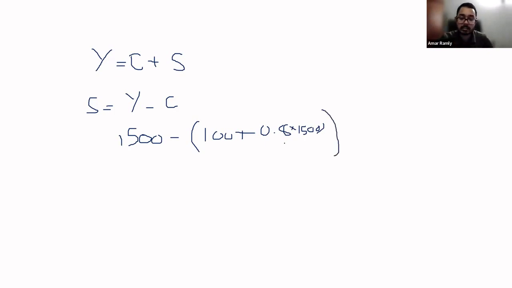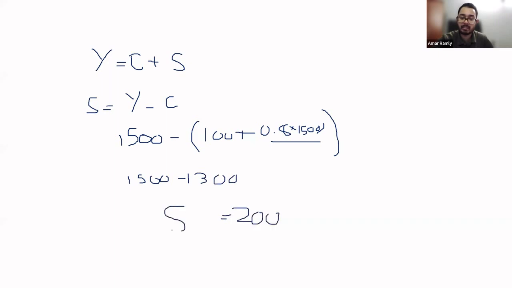This adds up to 1200. 1200 plus 100 is 1300. Then your answer is 1500 minus 1300, which is 200. 200 is the value of your savings. I saw a lot of 200s in the chat, which is good stuff. Keep that in mind.